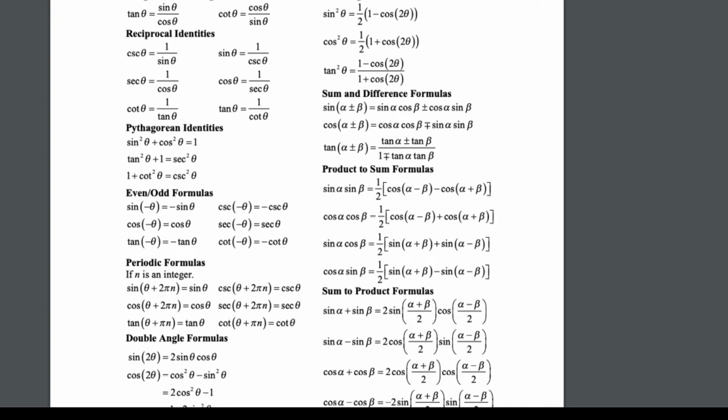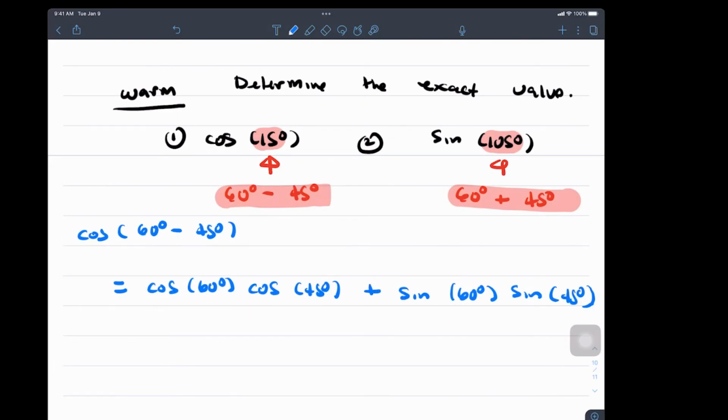Cosine 60, cosine 45. Cosine. What's it going to be, plus or minus? Can you guys read it? Then you have sine. Which one is it, plus or minus? It's going to be plus. Is that right? You see what I'm saying?